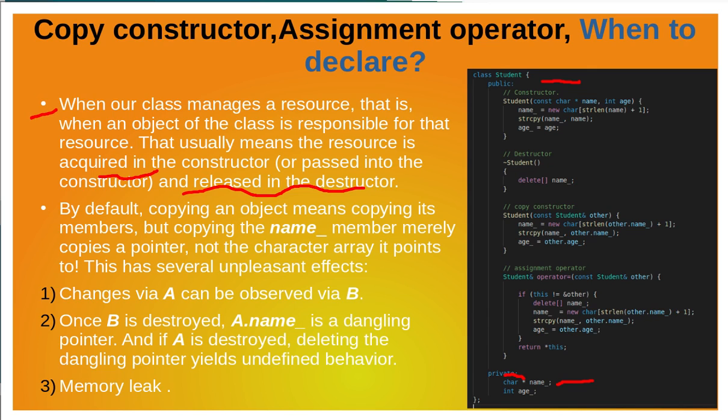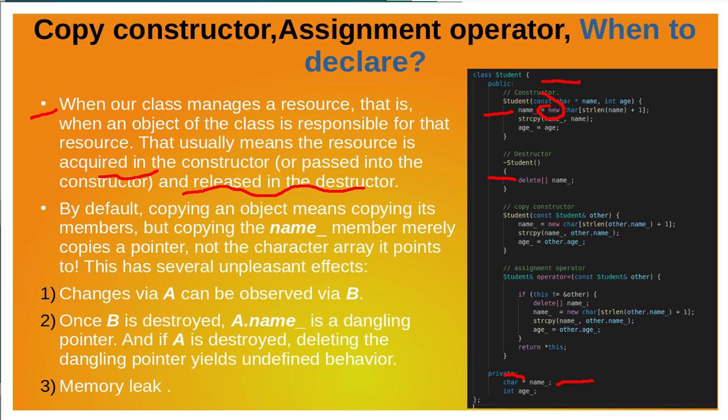And in the constructor, we create an array that the name should point to using the new operation. And also in the destructor, we release the memory, the array pointed to by the name, using the delete function.